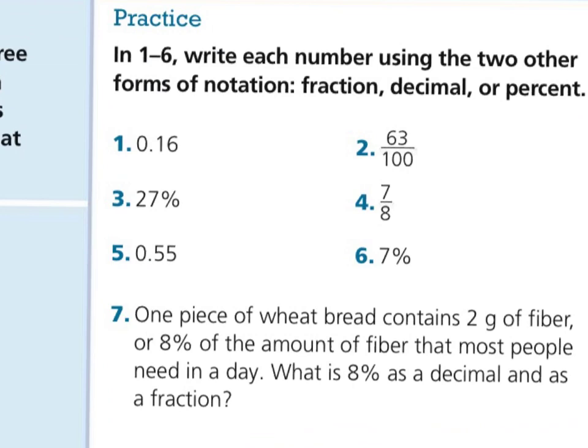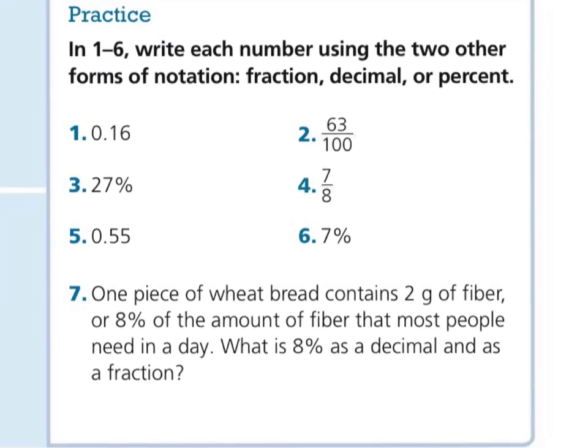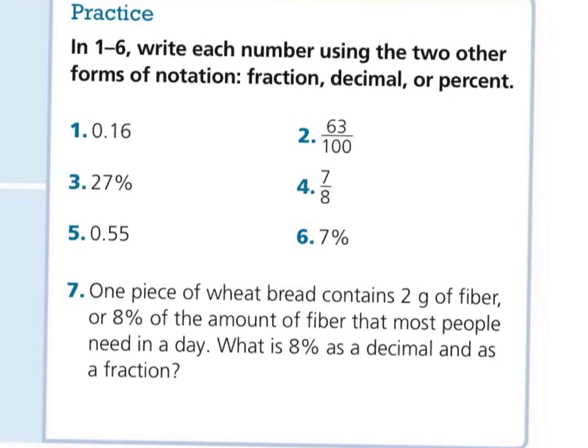Lesson 2, we were looking at fractions, decimals, and percents. So they're giving us one form and we're trying to write it in another form. On number 1, they're giving us a decimal and they want a fraction and a percent. This decimal, besides saying 0.16, we could read this as 16 hundredths.